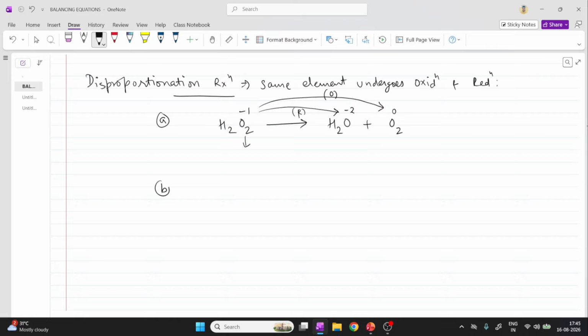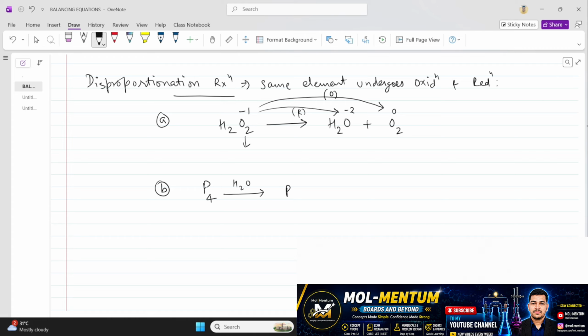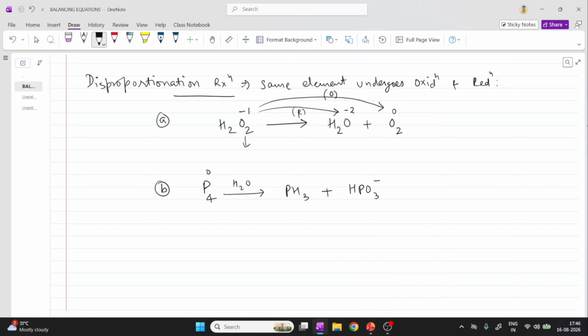I can take one more example, like phosphorus when it is mixed in water. So it gives PH3 plus H2PO2 minus. This is phosphorus in the elemental state, so here it is 0, P4 natural state. But in PH3, hydrogen is plus 1, so plus 1 into 3 is plus 3, so phosphorus is minus 3.